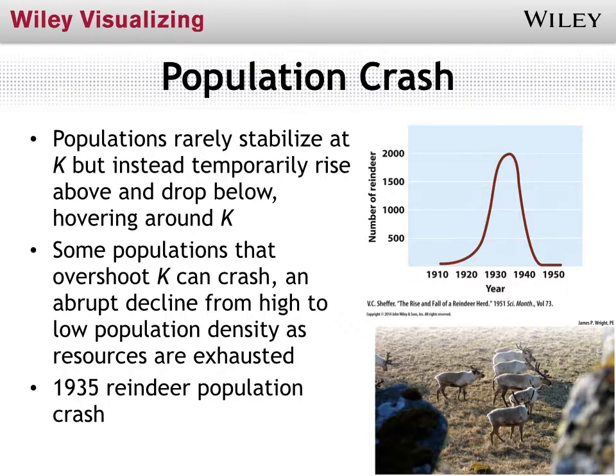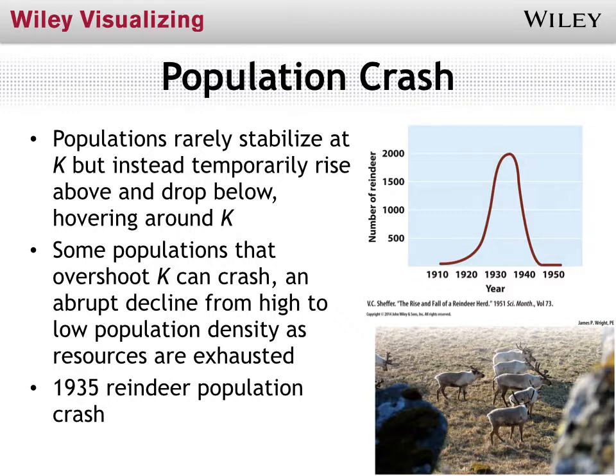So in the real world, populations rarely stabilize at the carrying capacity. They rise above it, they drop below it, they hover around carrying capacity, maybe a little above, a little below in a given year. And again, that's going to depend a lot on the habitat. Some populations that overshoot the carrying capacity do crash, and that's because basically they've exhausted their resources.